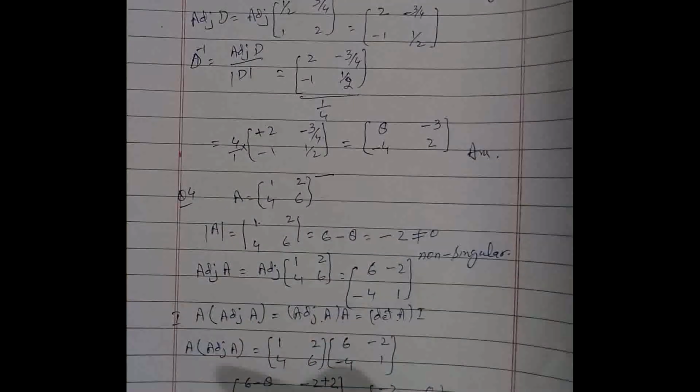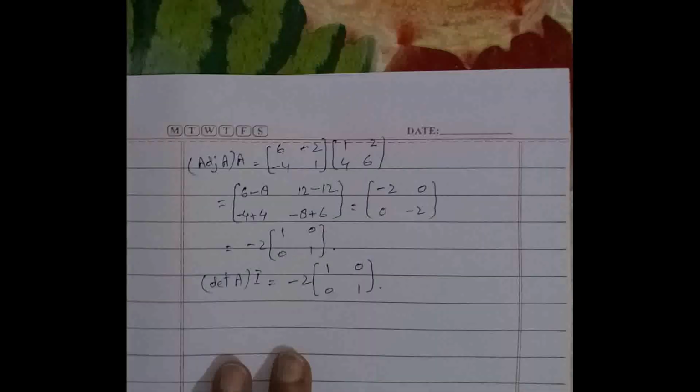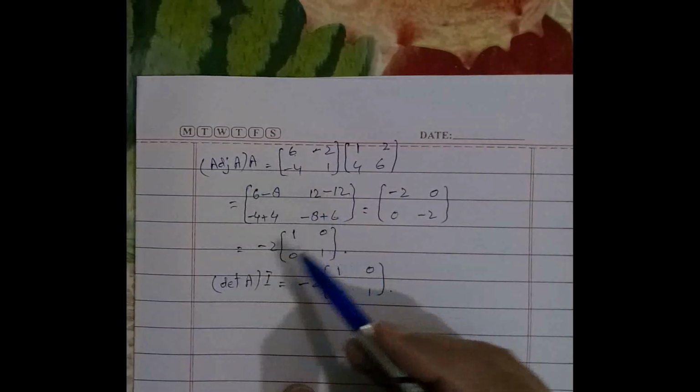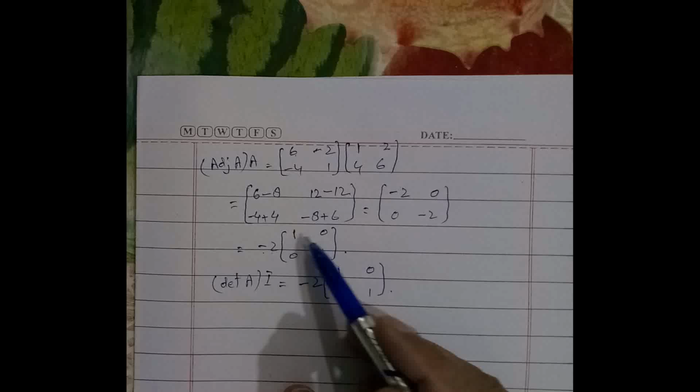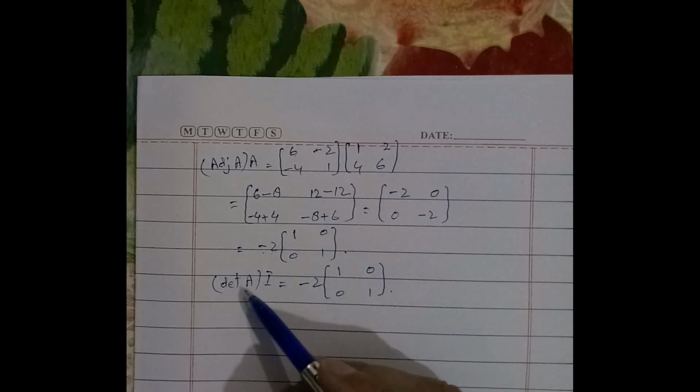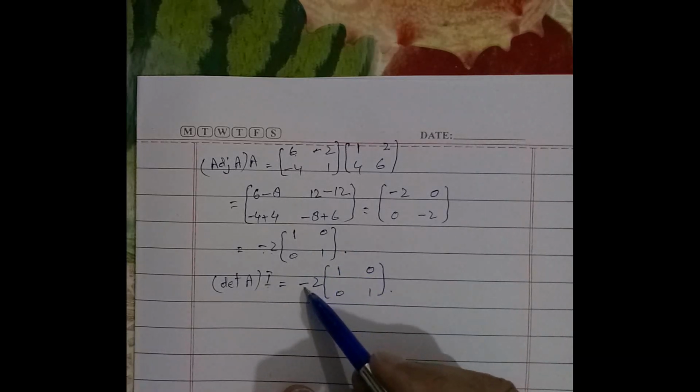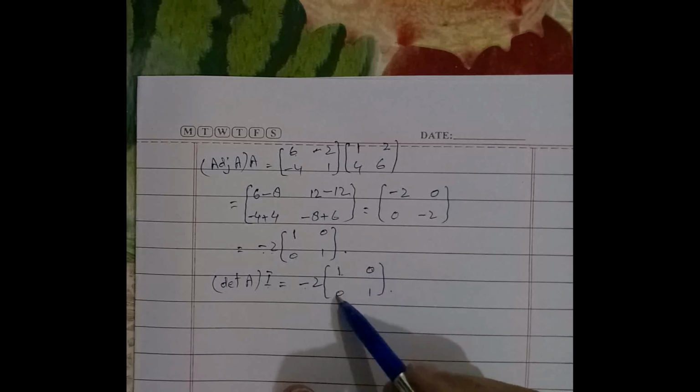The first is A into adjoint A, which is [[-2, 1, 0], [0, 1, ...]], and determinant A into A, which is also [[-2, 1, 0], [0, 1, ...]], and determinant A into identity matrix is [[-2, 0], [1, 0], [0, 1]].